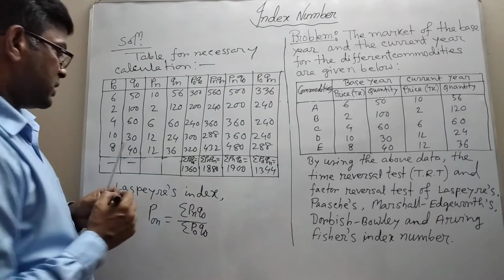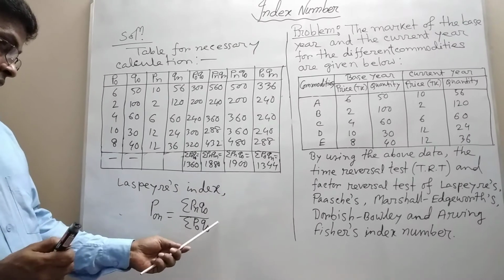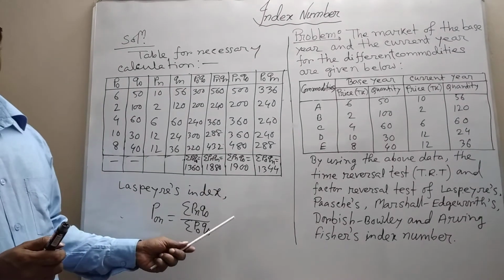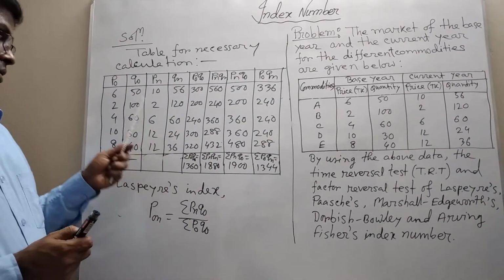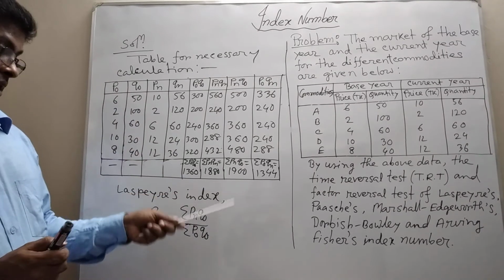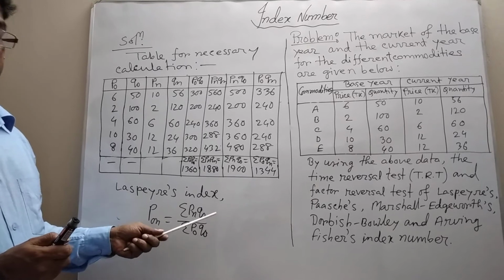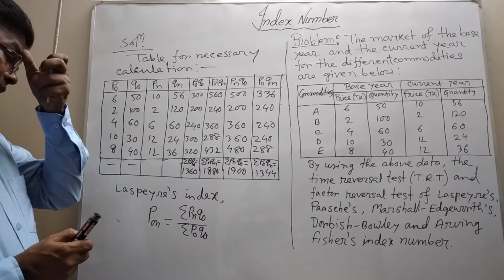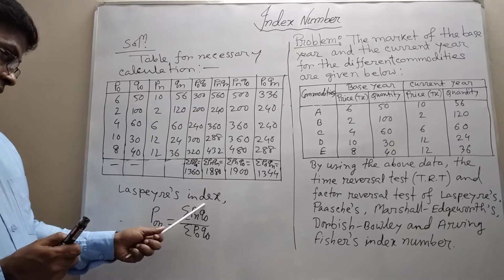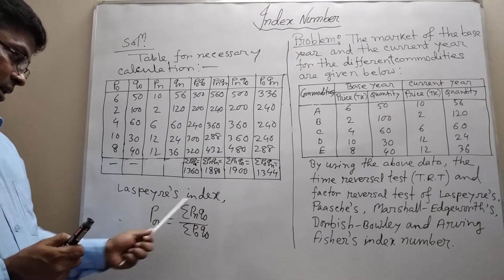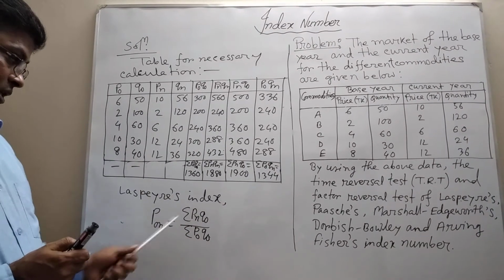We have to remember that when we apply the test on the index number, here we will not multiply by 100. Just we can find this ratio.